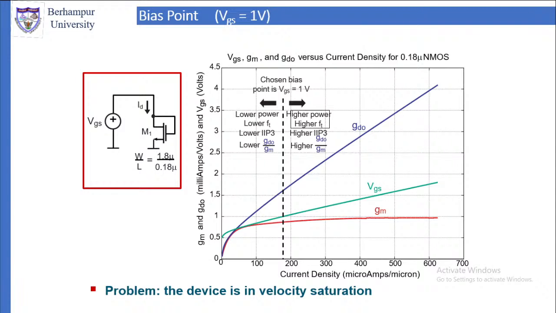To its right, if you are operating beyond that, then the high power amplifier. So current densities above 180 or 200 will give us high power performance. Below 180, they will give us low power performance. This we have seen in the last class.